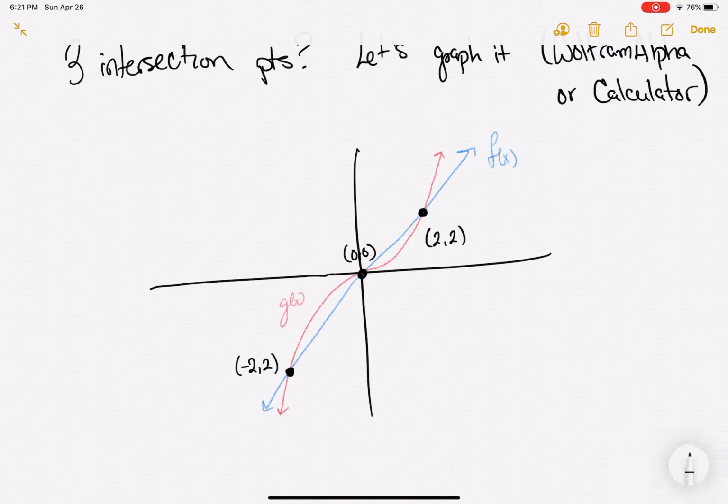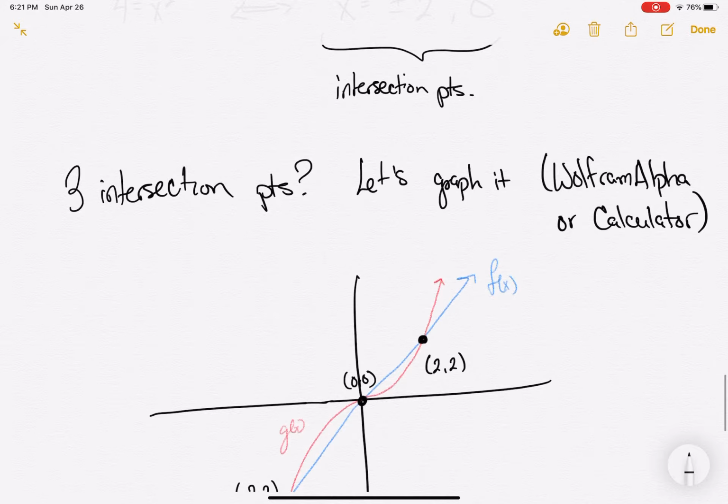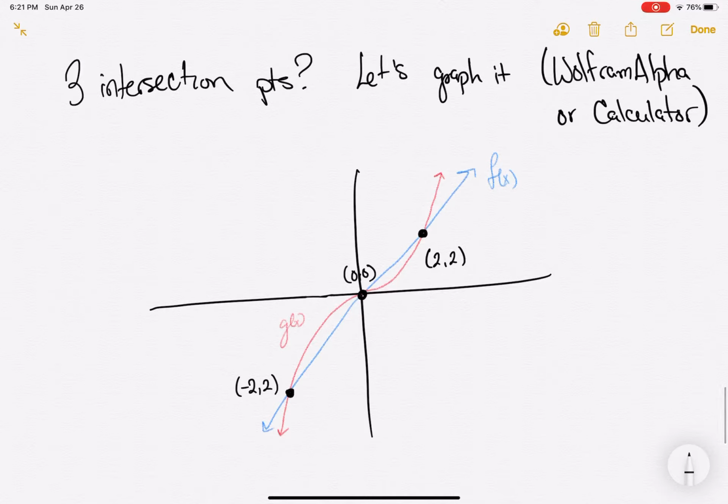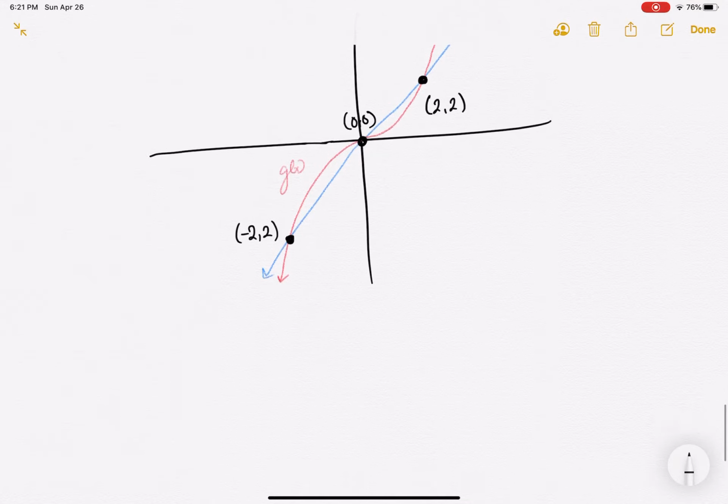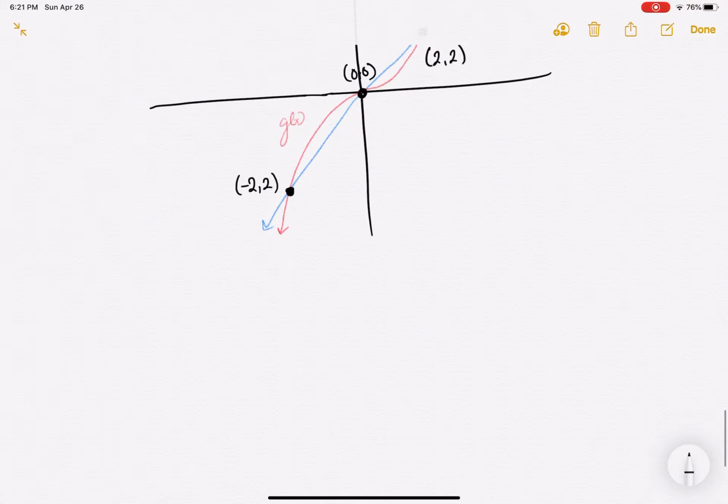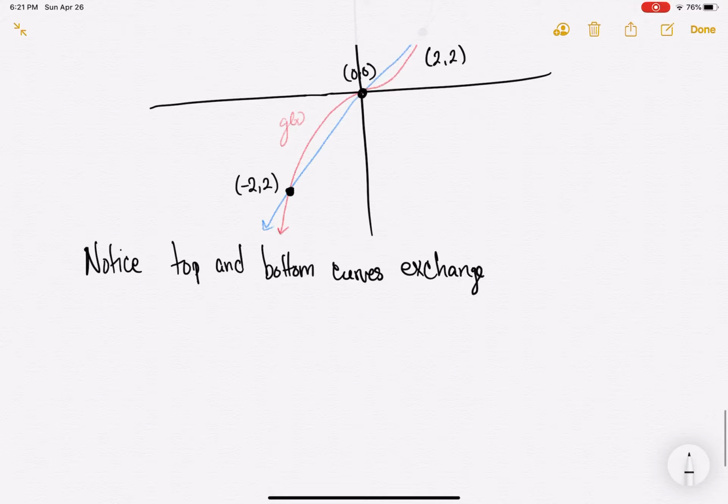Okay, so now is where things get a little bit different, because our top curve and bottom curves change at 0. So I should say that here. Notice top and bottom curves exchange places at x equals 0.